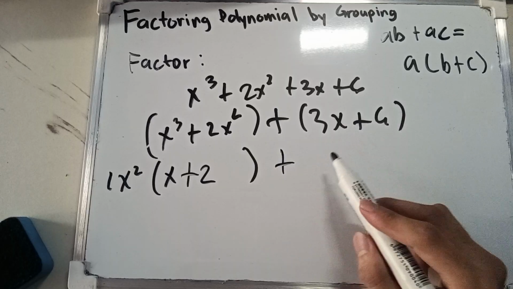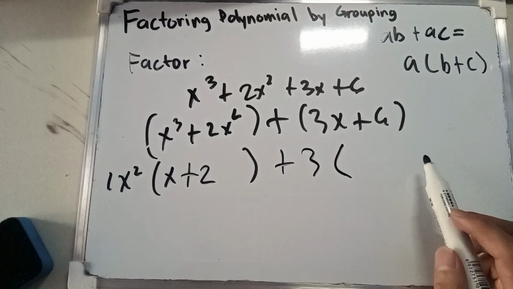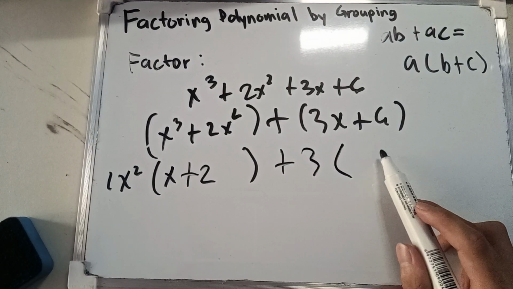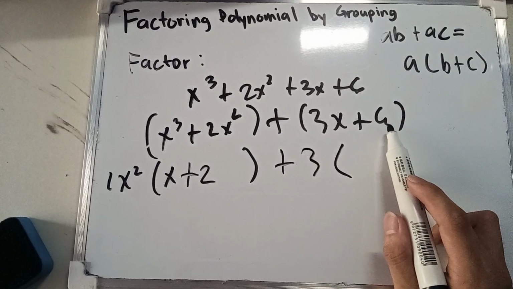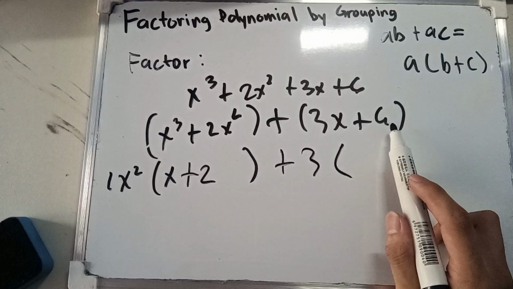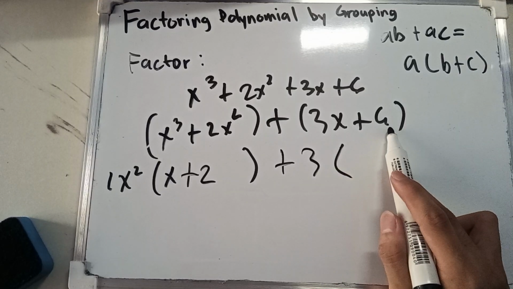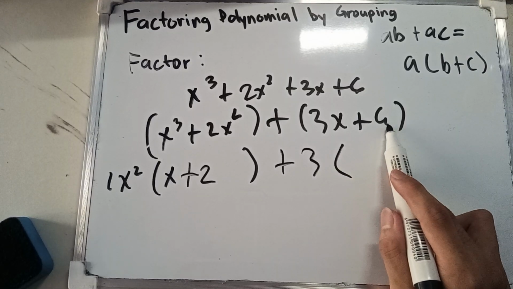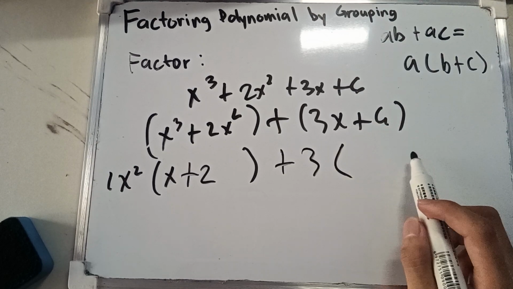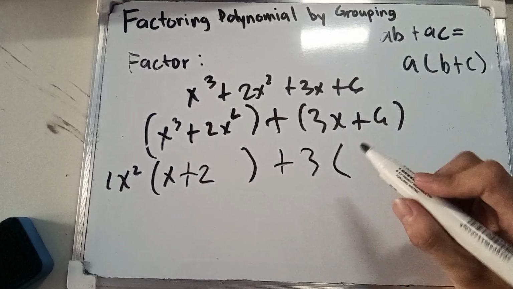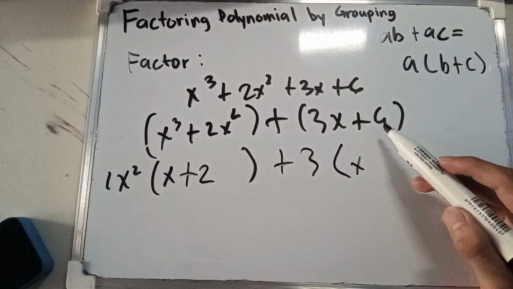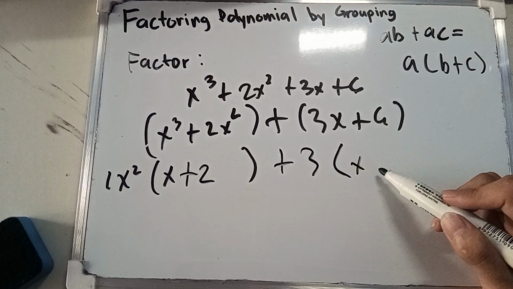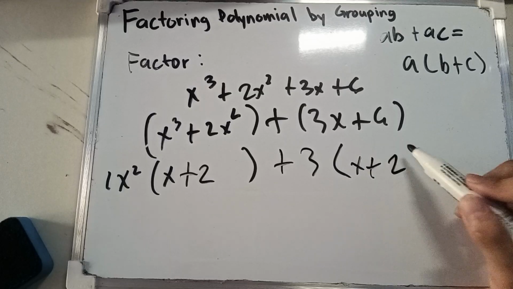That is 3, since we just need to get the common factor of the coefficients, since there is no variable on 6. So 3x divided by 3, cancel 3, and we get x, plus 6 divided by 3, that is 2.